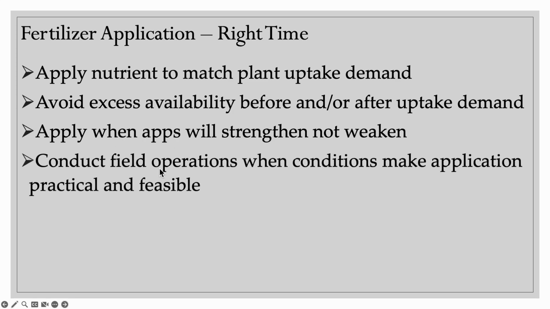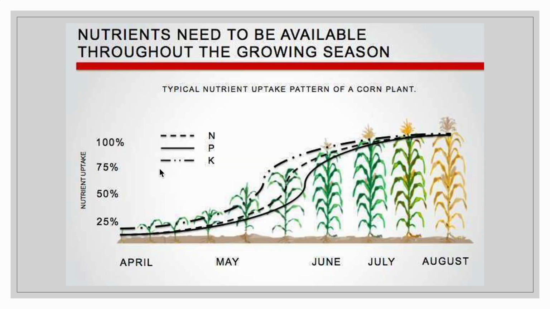One of the problems with this, though, is that we need to conduct those field operations when the conditions make the application practical and feasible. And so for this slide, this is typically when you want to go apply fertilizer or need to do something important to your plant. Typically, it's going to rain that week.